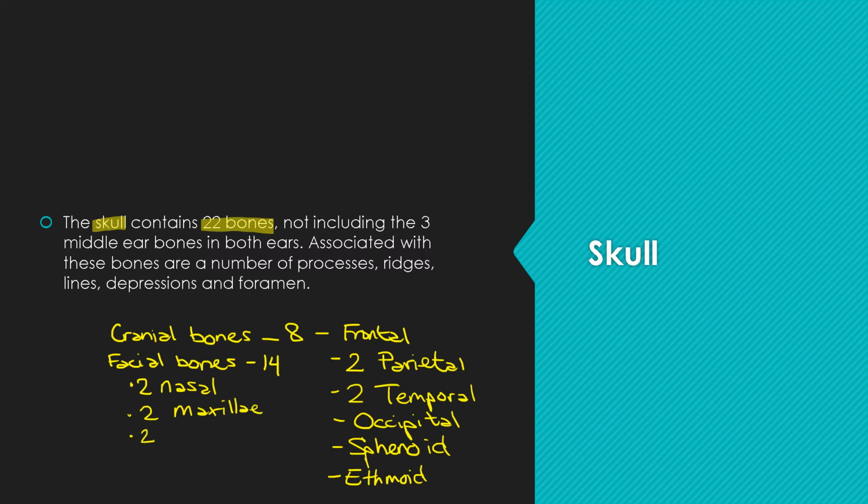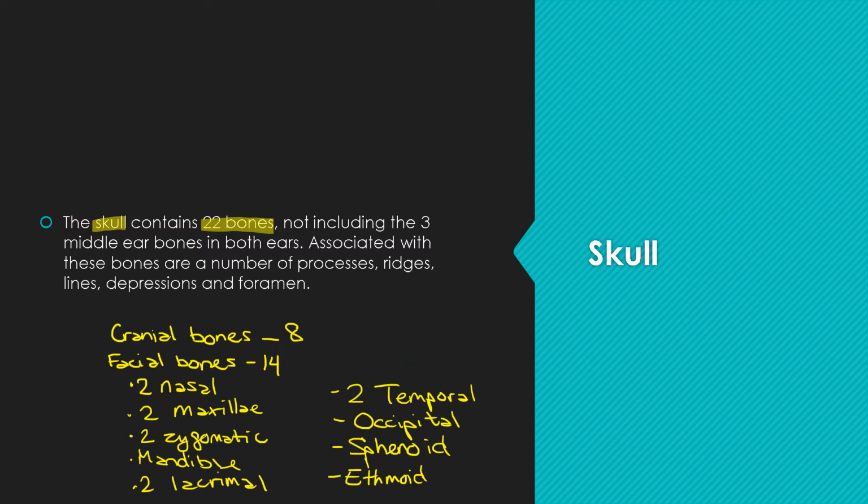We have 2 zygomatic bones. We have the mandible. We have 2 lacrimal bones. Here, and I'll erase these so that we can add the rest of the facial bones here as well.